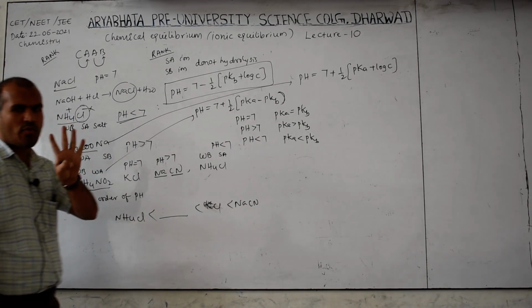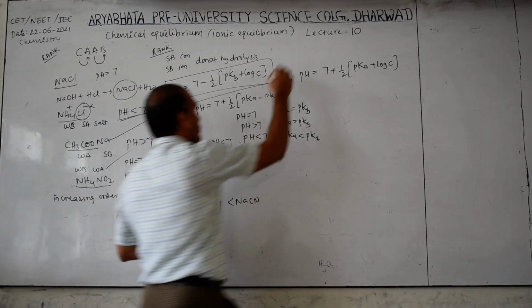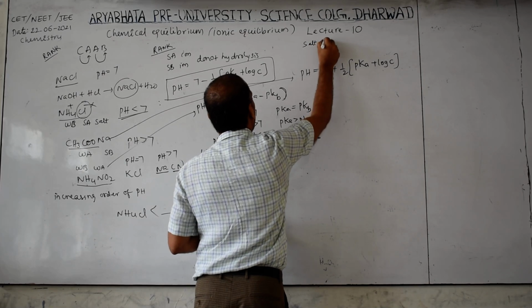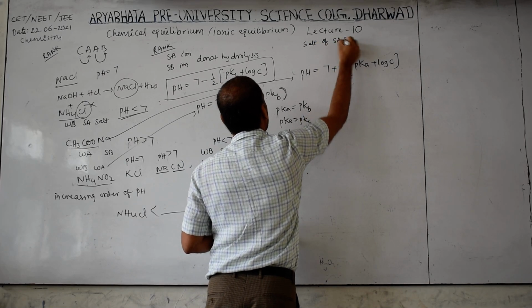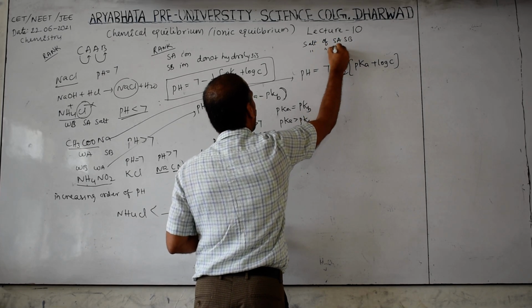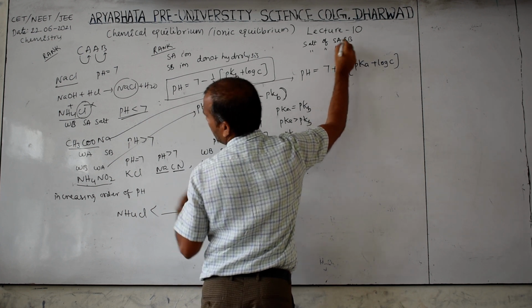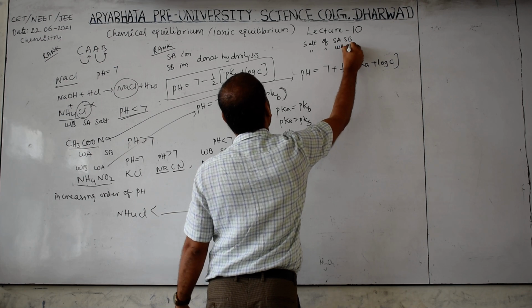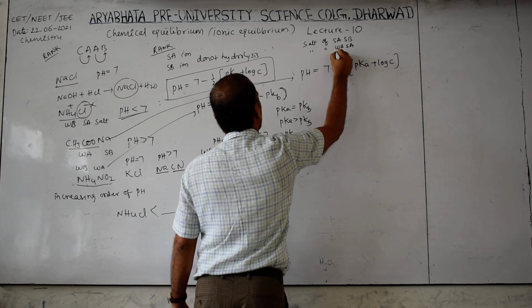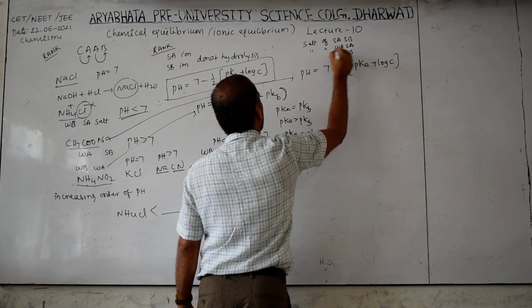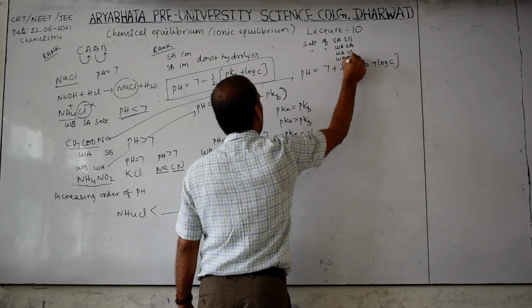Total how many salts are there? Four. What are the salts? Salt of strong acid strong base, salt of weak base strong acid, salt of weak acid strong base, and weak acid weak base.